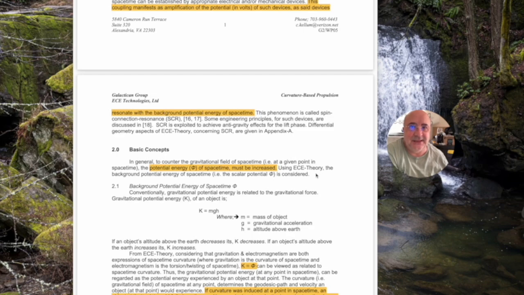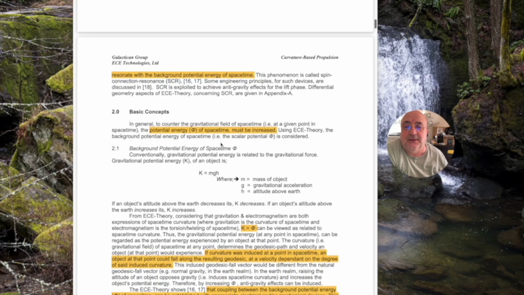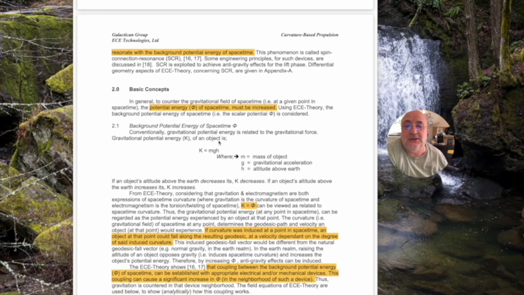It kind of makes sense, but not really. In general, to counter the gravitational field of spacetime at a given point in spacetime, the potential energy of spacetime, which is voltage, must be increased.